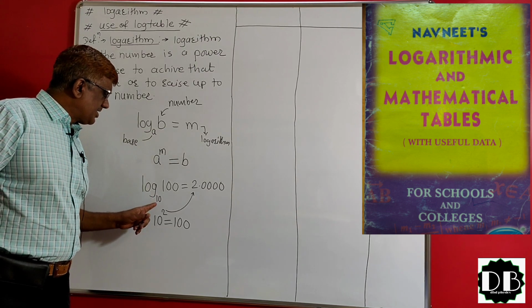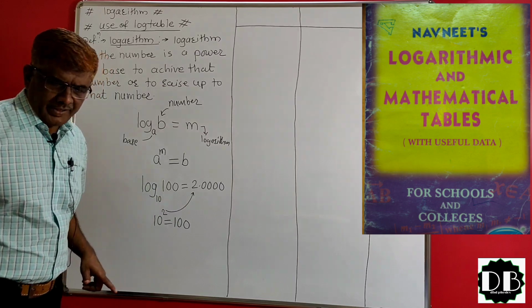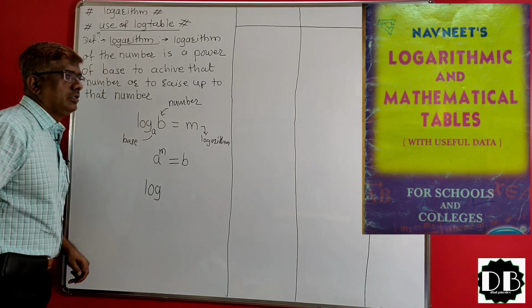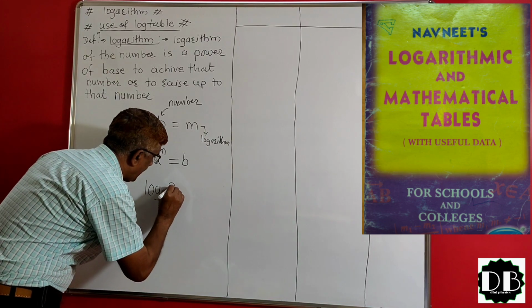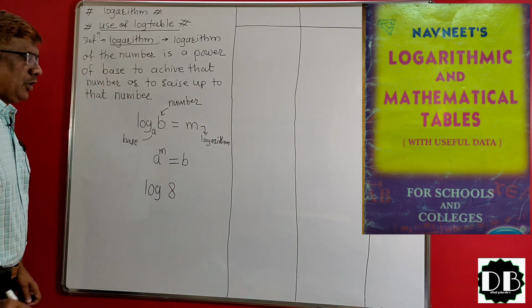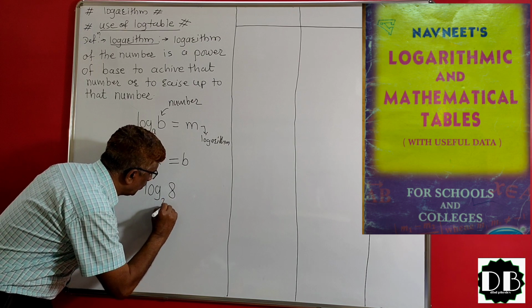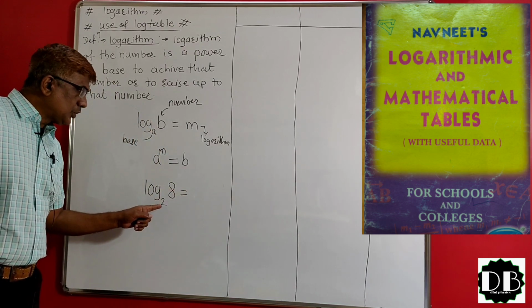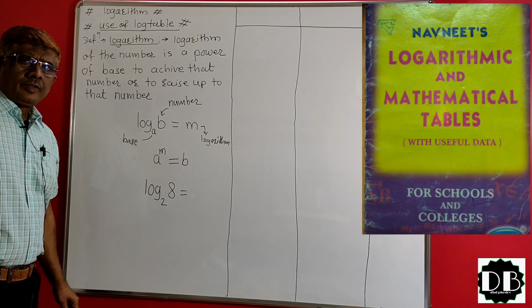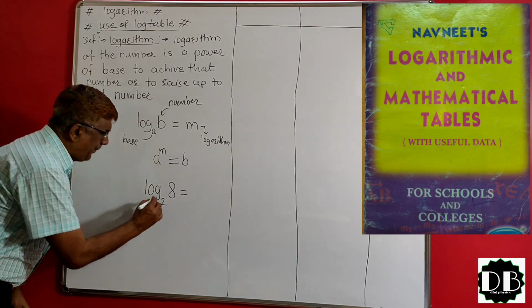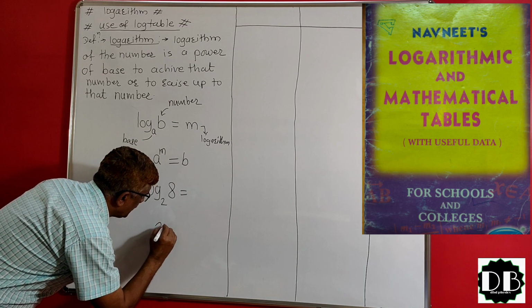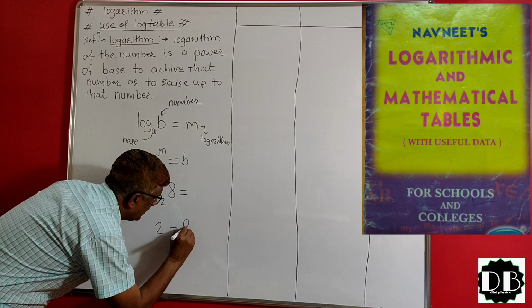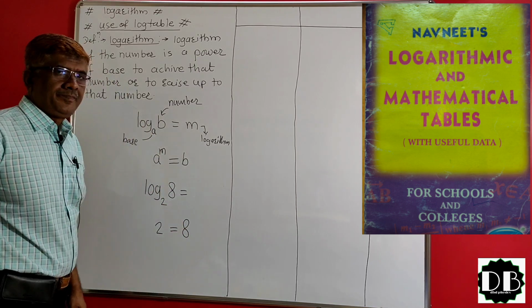Logarithm base may be a different one. For example, widely if we take log of 8 to the base 2, what is log of 8 to the base 2? ढूंढना पड़ेगा। Base has which power which lets us bring out 8.